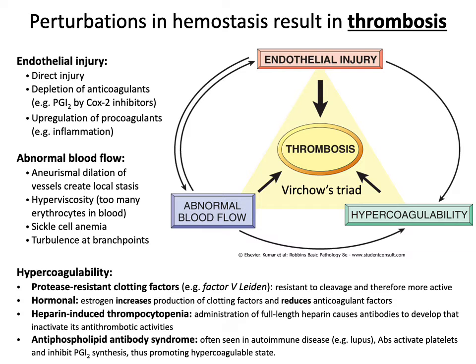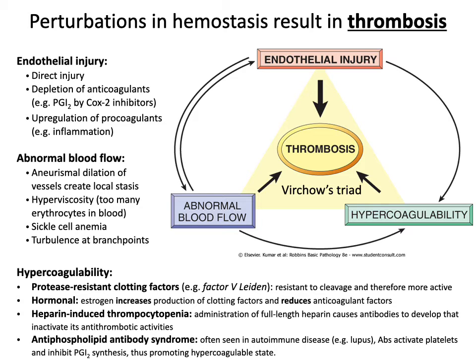Now, there are factors which can predispose to clot formation, and these include injury to the endothelium, which makes sense because if the endothelium is injured, the subendothelium will be exposed. Other factors include the depletion of anticoagulants, particularly prostacyclin, when you take in medications that inhibit prostaglandin formation. Okay, so examples include NSAIDs.